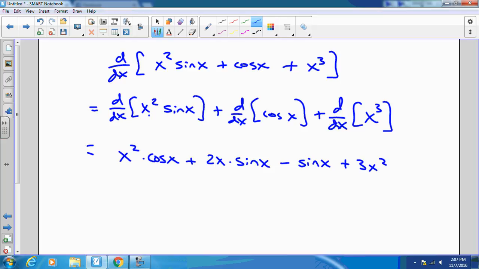And then for the rest of the terms here, just go term at a time, using the appropriate derivative rule formula. That's as simple as it gets. So the key is to remember the product rule.